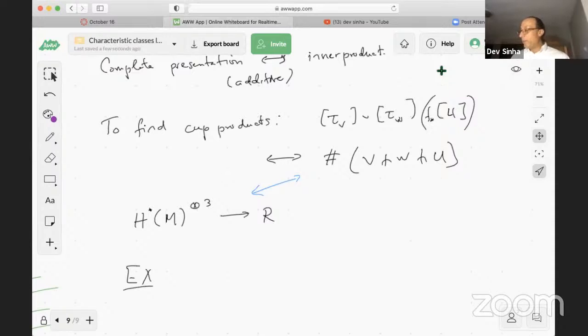But if, for example, we think about i plus j plus k equals some n, then in general position, a CP^(n-i) intersect a CP^(n-j) intersect a CP^(n-k) in CP^n is going to be 1, just a single point.